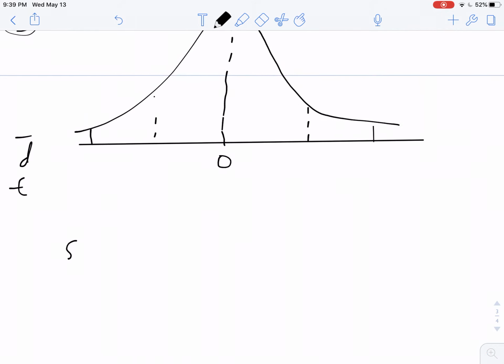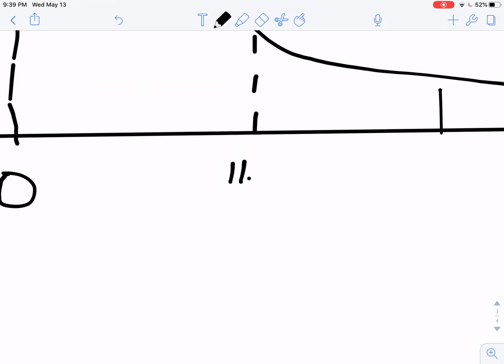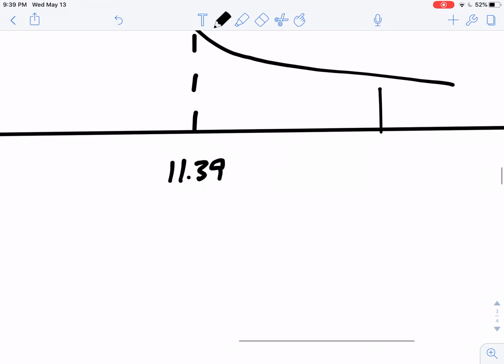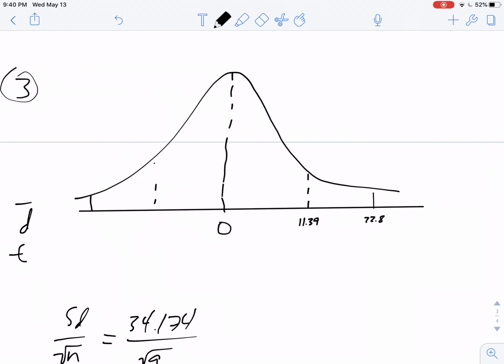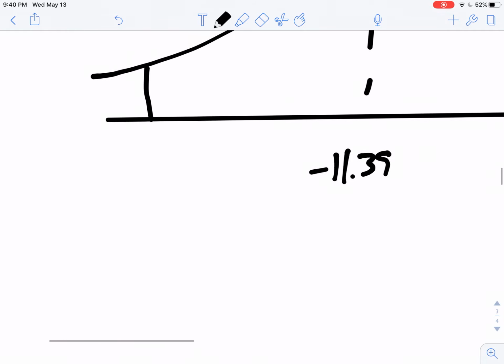The standard error is going to be that sample standard deviation over the square root of n. So 34.174 over the square root of 9, which is 11.391. So if we mark that on our picture, 11.39, 22.8 roughly, and negative 11.39, negative 22.8.